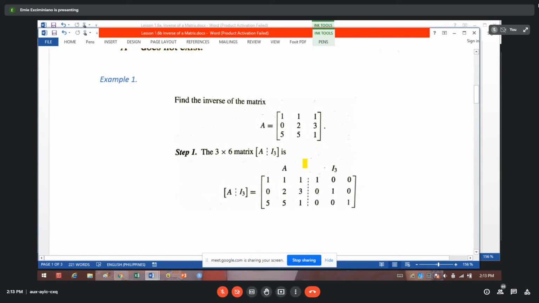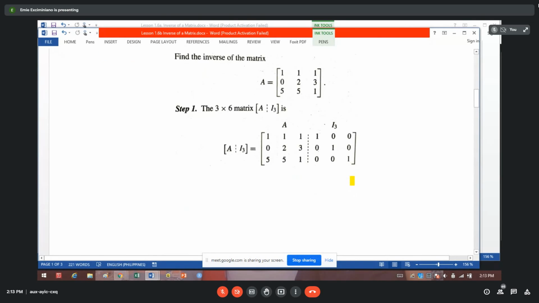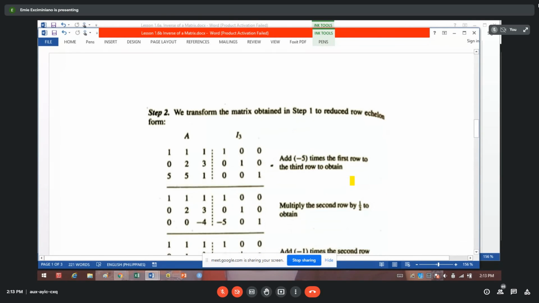Kaya n by 2n matrix. Okay? In reducing it or in transforming it to a reduced row echelon form, diba, ina-applyan lang natin ng elementary row operations. Eh, siguro naman, naalala nyo pa yon.